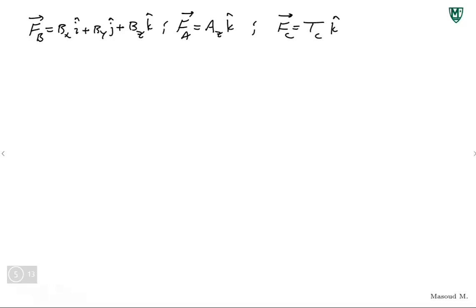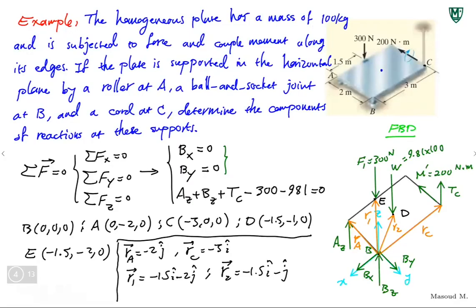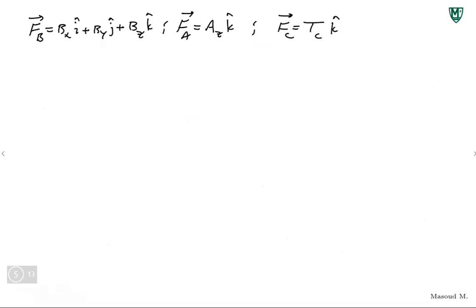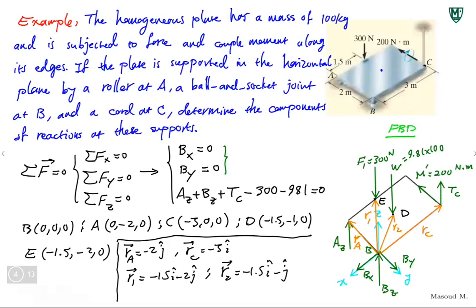What else? We had F1 and F2, right? We had F1, 300. So I'm going to represent that as F1 was minus 300, downward, if I remember correctly. And for the sake of argument, since I defined this R2, I'll define W as F2.